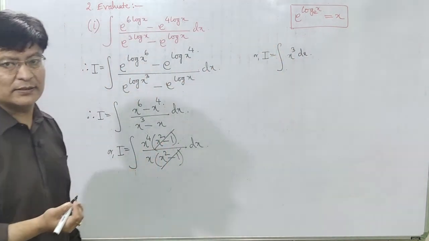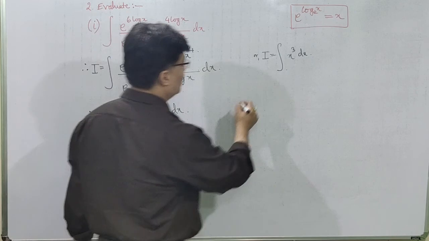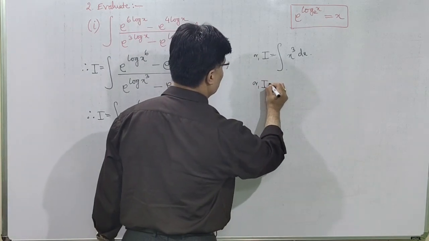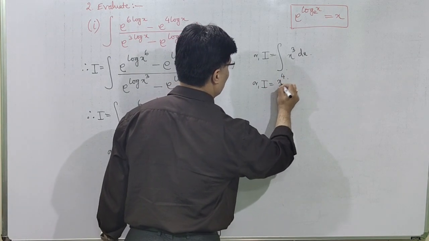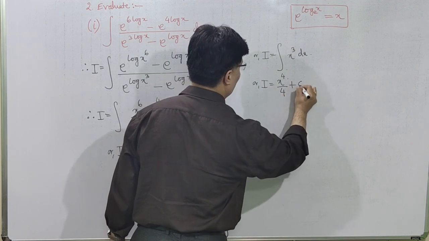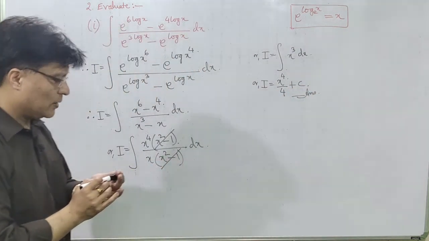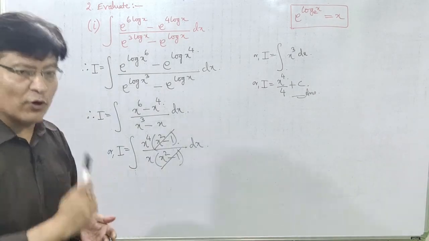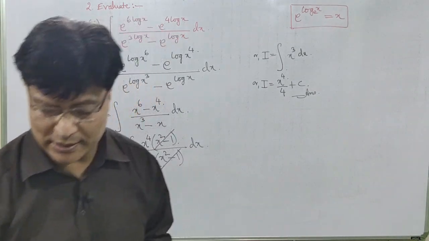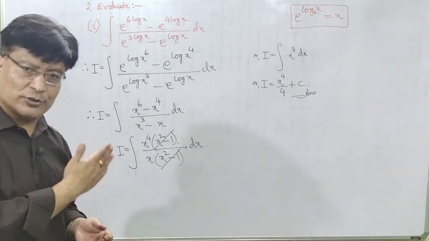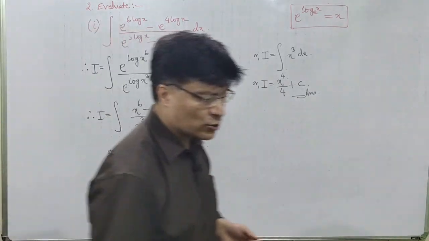So it is simplified. What is the integration of x cube? I is equal to x to the power 4 by 4 plus c. This is the final answer, where c is the constant of integration. So you can copy it. Now we'll do the next question.